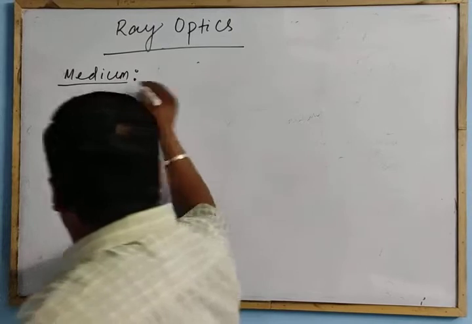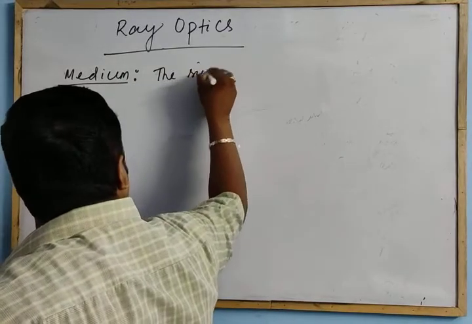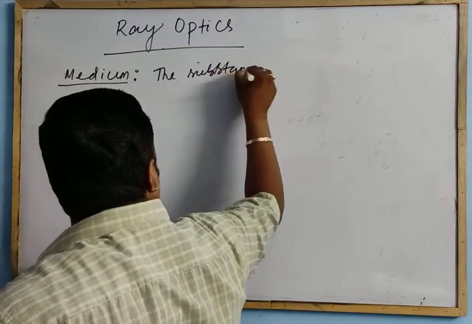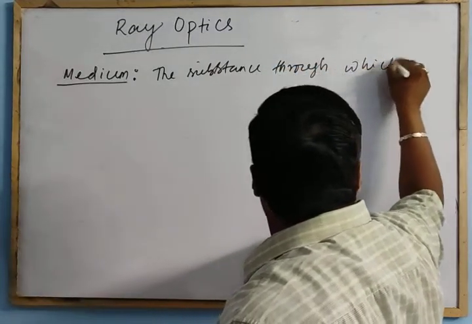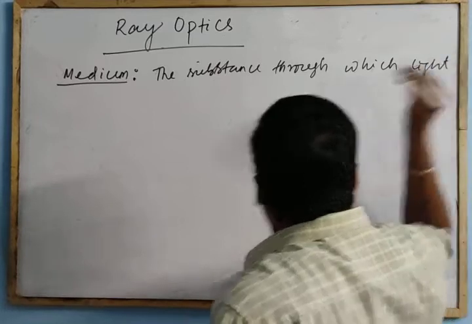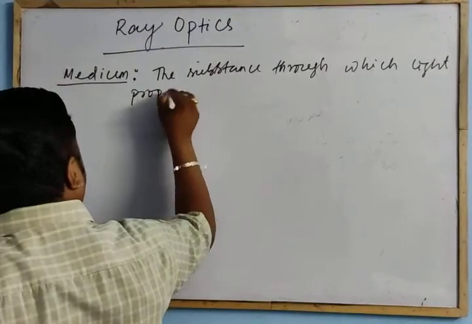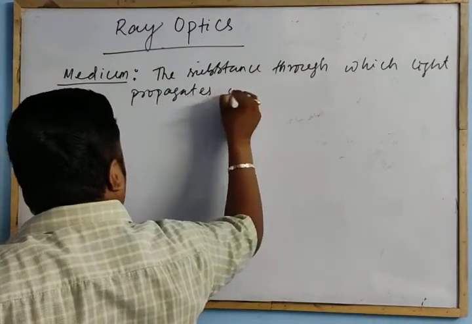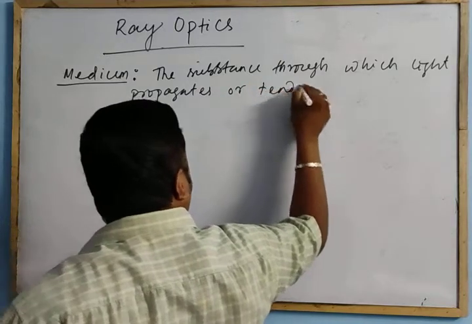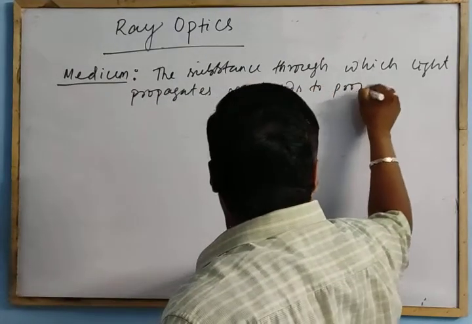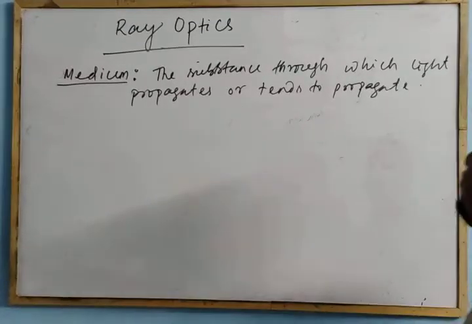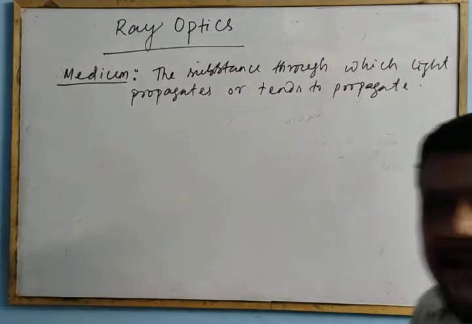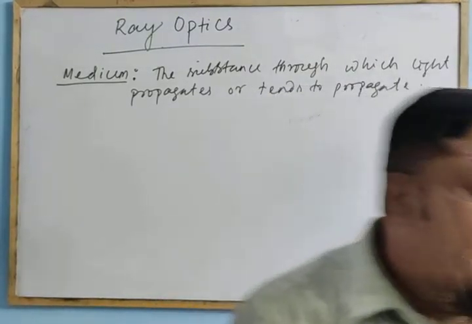So the substance through which light propagates or tends to propagate is called a medium.